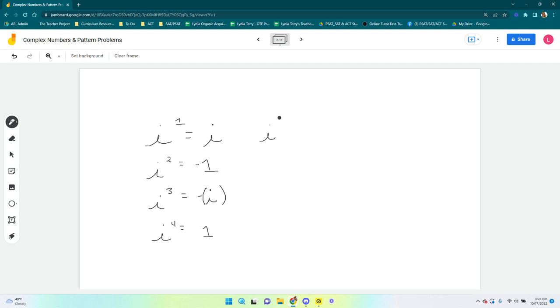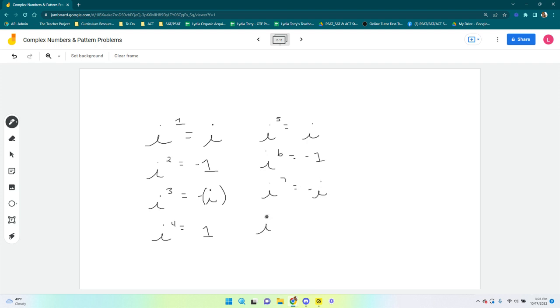Okay, let's keep going. i to the fifth is going to be i to the fourth times another i. So it's going to be 1 times i, so this is going to be i. i to the sixth will be 1 times i squared, which is -1. i to the seventh will be 1 times -i, or -i.